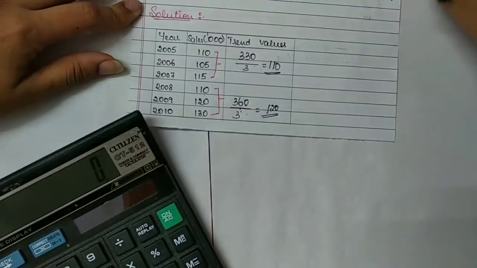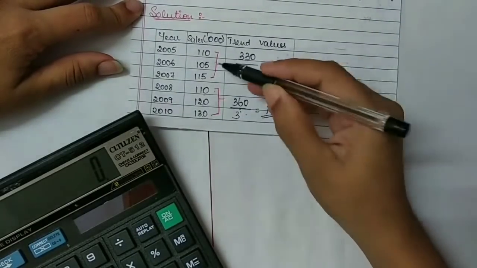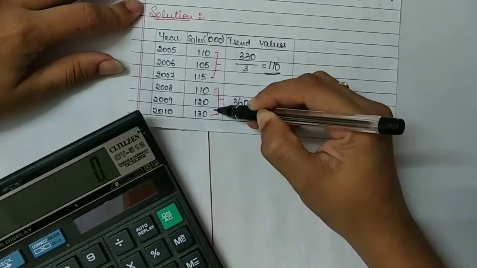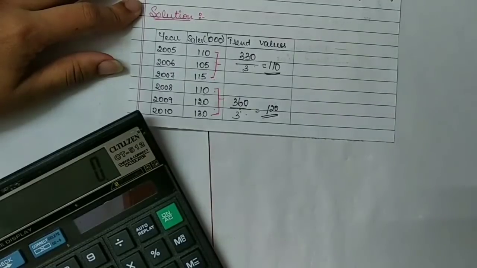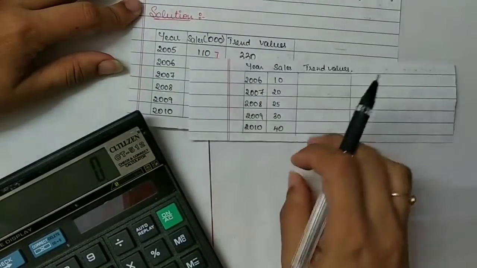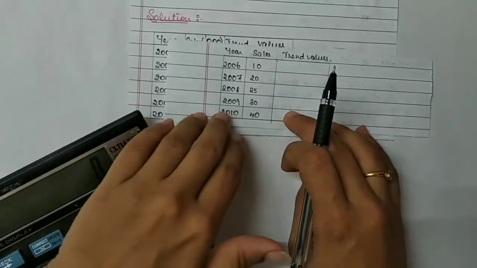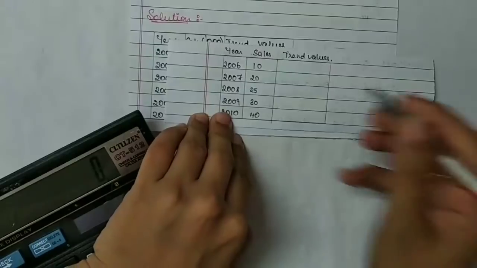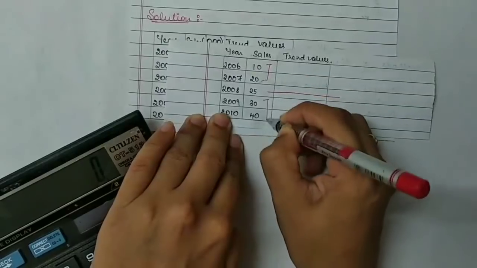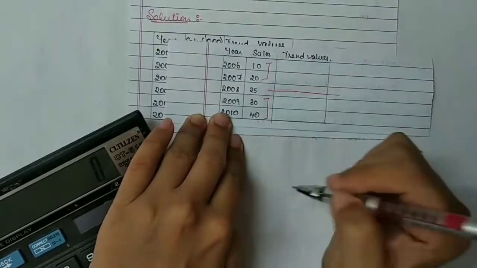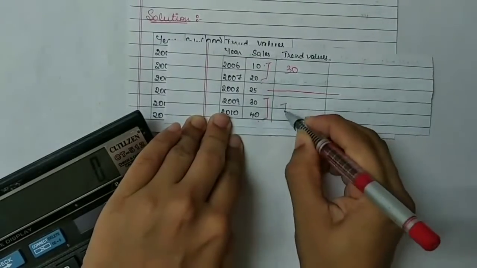Since an even number of data is there, we could divide it into two equal parts, isn't it? So what if an odd number of items are there? If an odd number of items are there, we just have to skip or leave the middle one and averages of the groups are made. So 10 plus 20 is 30, and here it is 70.